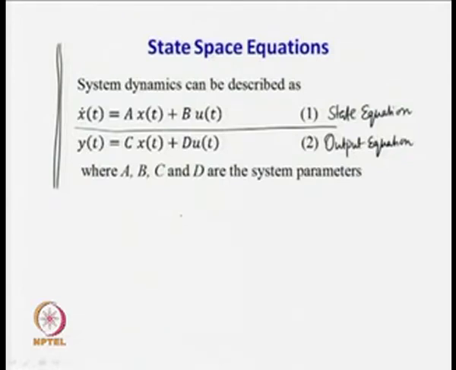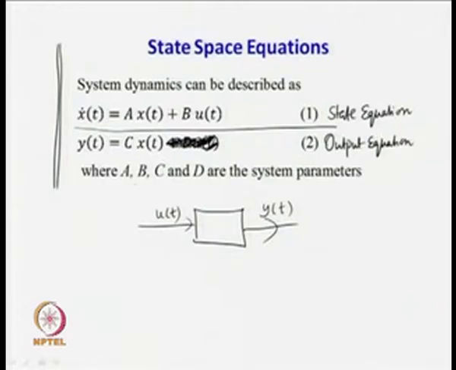Now, I have got a system whose output is y t and input is u t, where those A, B, C, D are coming from. For simplicity in analysis, let us not consider D u t in the output equation, and let us take the output equation of the form y t equal to C x t.